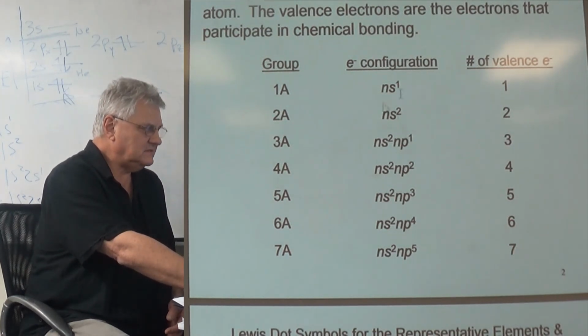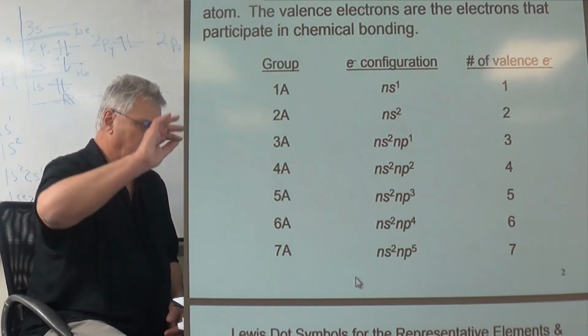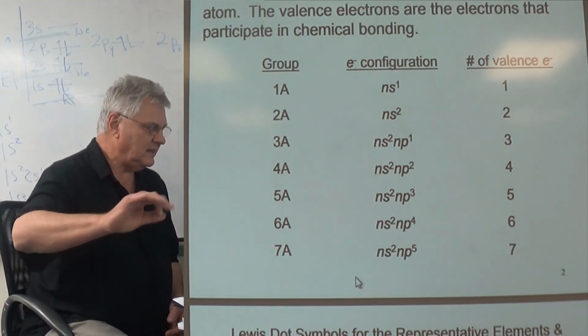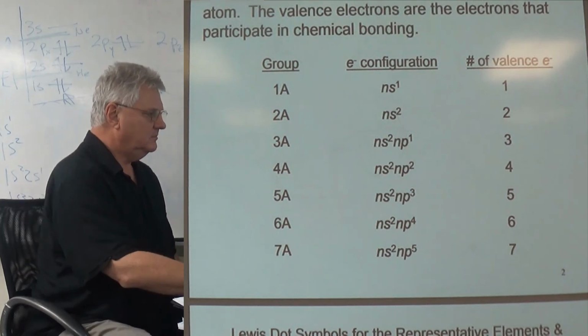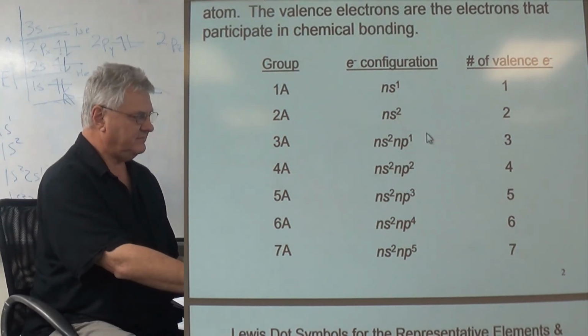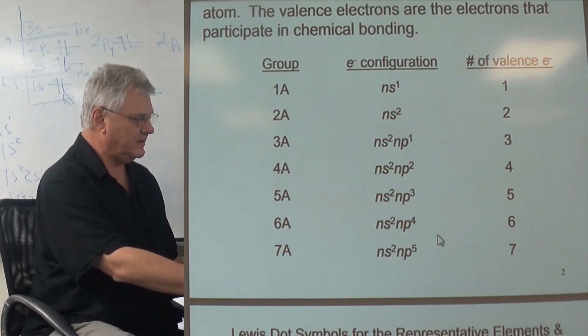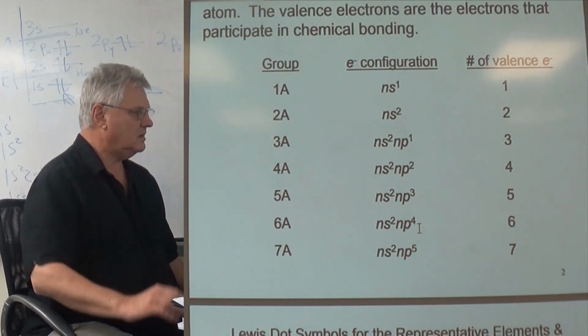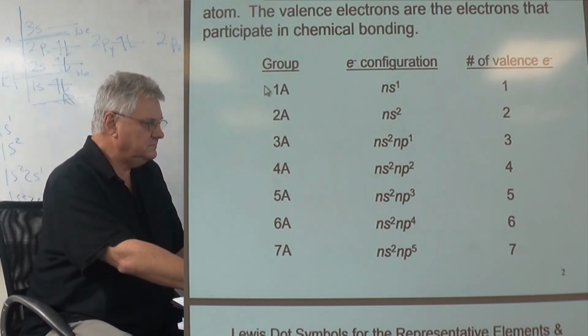And you can see they all have a new principal quantum number n as we go from one period to the next, or row to the next. But the valence electrons have these general electron configurations. These are the outermost electrons for these groups.